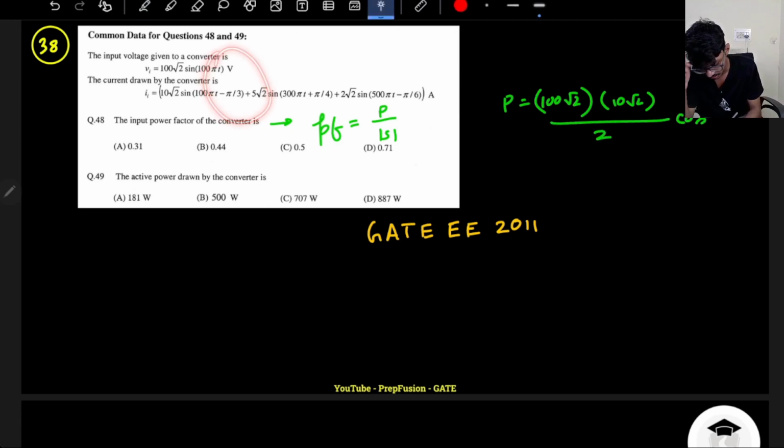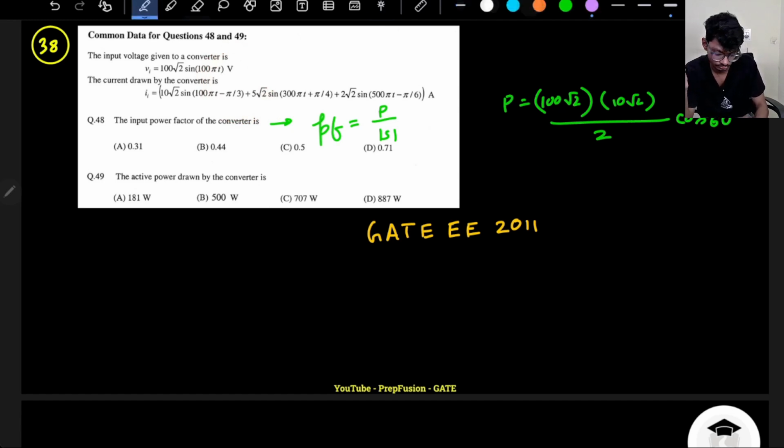The angle between these two is pi by 3, which is 60 degrees. So this is 1000 by 2, that is 500 watts. That is the power.